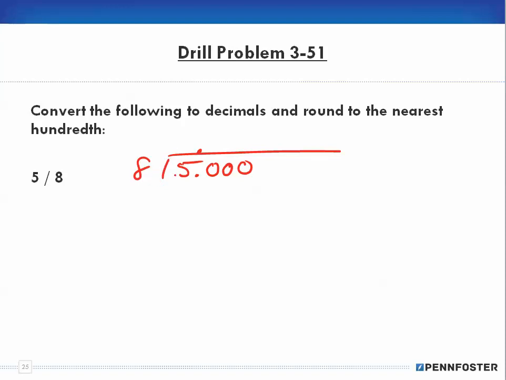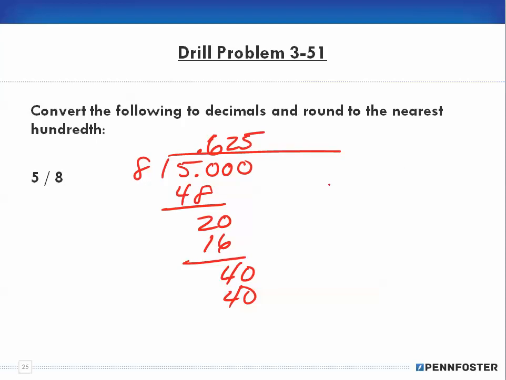So 8 doesn't go into 5, 8 goes into 50 6 times. 5 times is 40, 6 times is 48. That leaves 2. Bring down my 0, 20. Goes into that 2 times, that's 16. Bring down my 0, 40. So 5 times is 40.